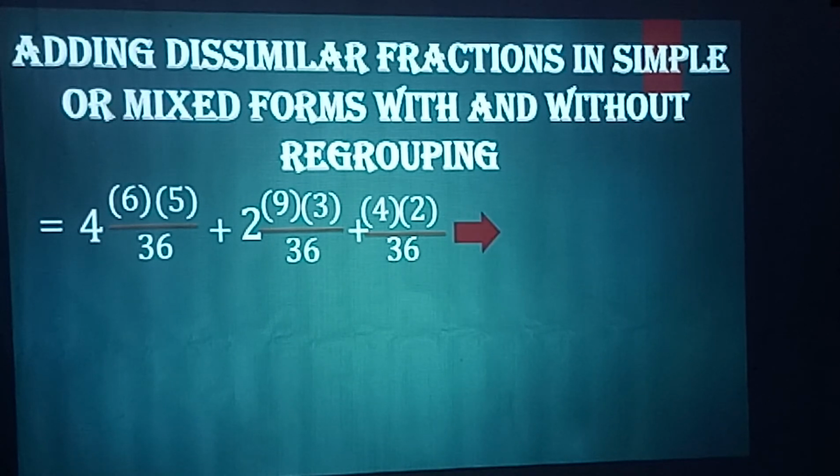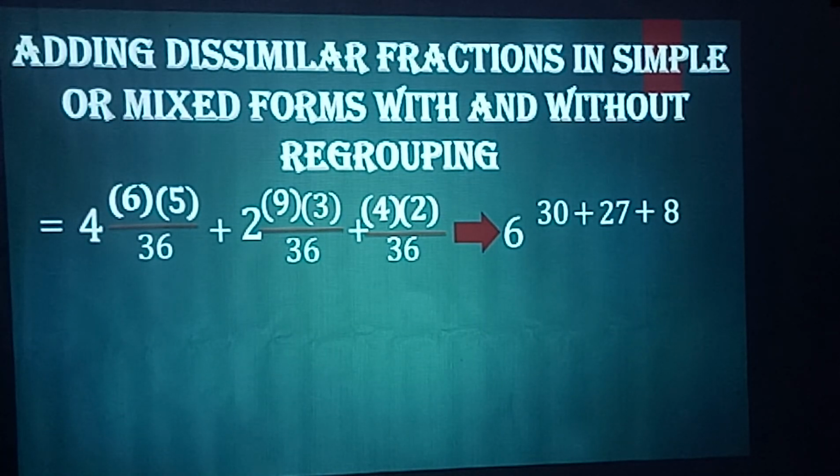Then, that will become 4 plus 2 equals 6. And 6 times 5 is equal to 30, plus 9 times 3 is equal to 27, plus 4 times 2 equals 8 over 36.